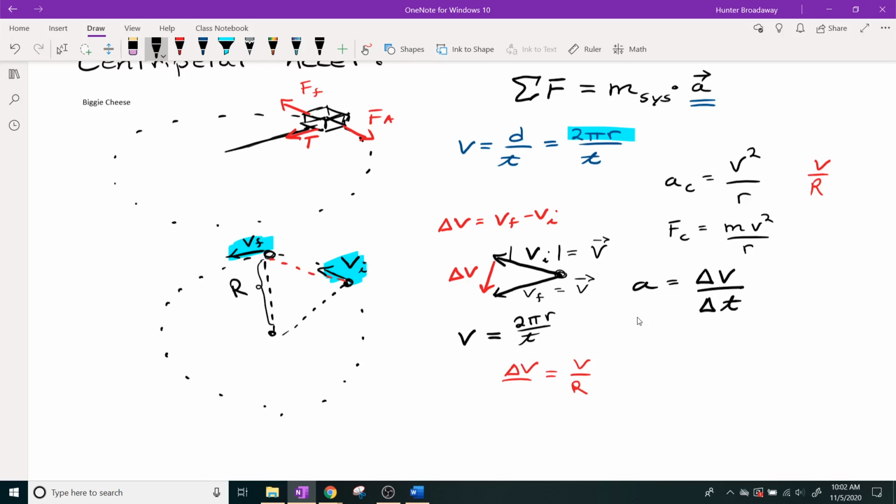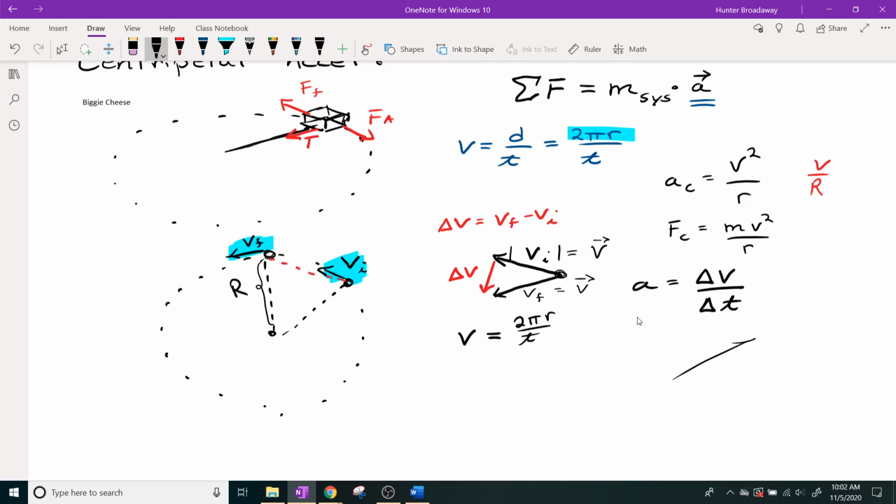You could do the exact same argument with, and this is where I kind of tripped up last time, you could do the exact same argument with the radius as well. And it almost makes too much sense whenever you think about it, and that's why I skipped it last time.